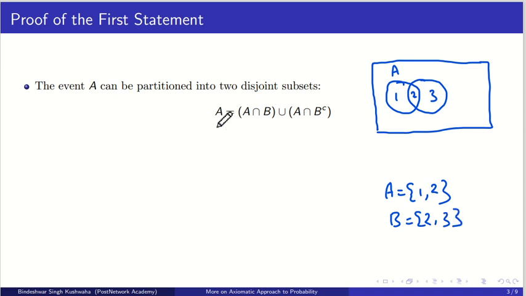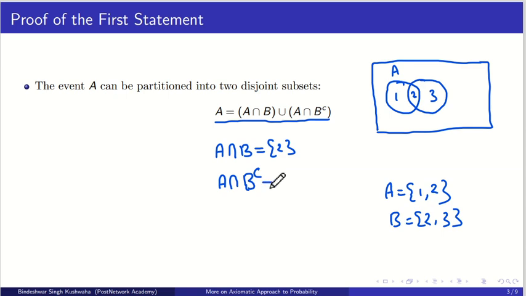Just to show that you can write A intersection B. From the diagram, just see that A intersection B is 2, and let us find out A intersection B complement.